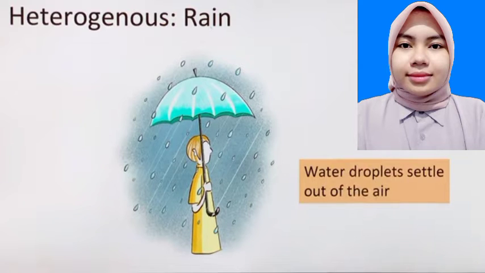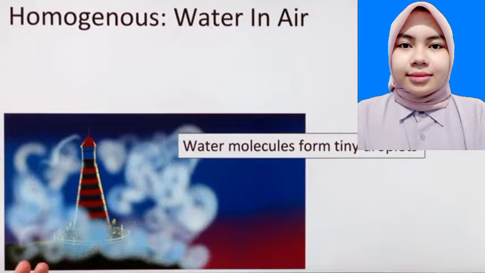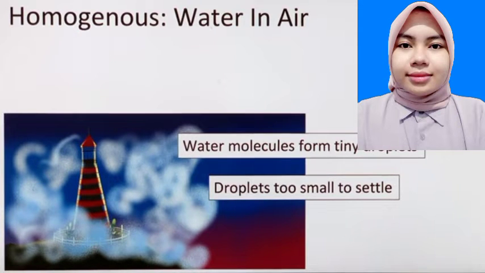This is like how other heterogeneous mixtures settle out over time, but there are in-betweens. Sometimes there's just enough water in the air that tiny droplets form. Although these droplets are bigger than molecules, they are too small to settle.